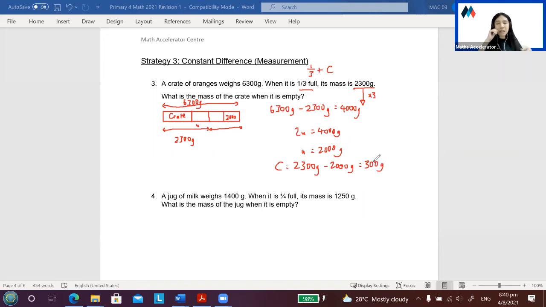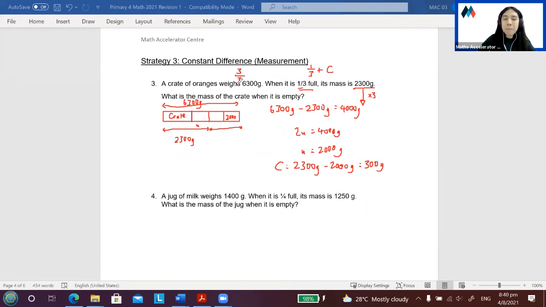So let me recap what we did for this question. Everyone else can copy while I'm recapping, yeah? First of all, I found the full crate, which is, the crate has a mass as well, right? So the crate plus 3 units of oranges. That's to represent whether it is full or 3/3 full. That's why there are 3 units. Then I labeled the crate plus 1 unit 2,300 grams because at this point it was 1/3 full.